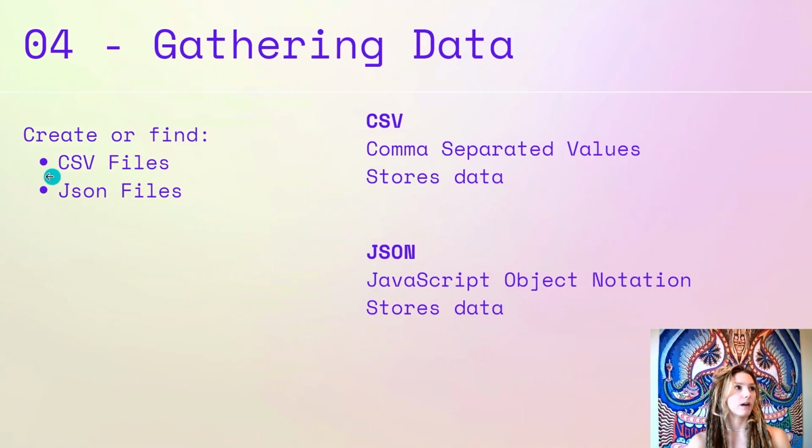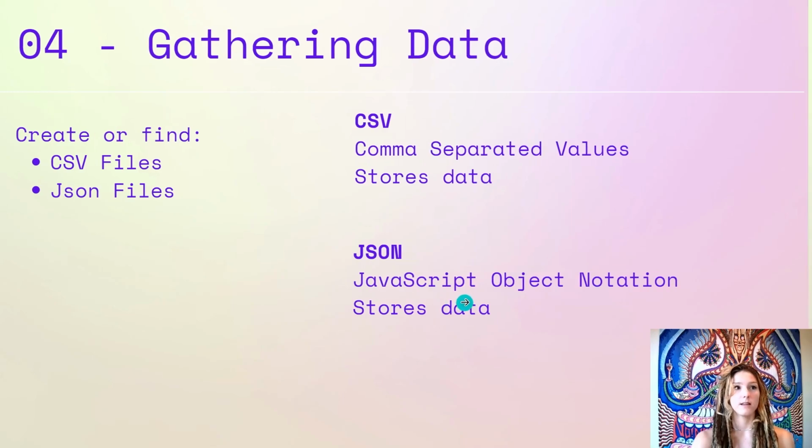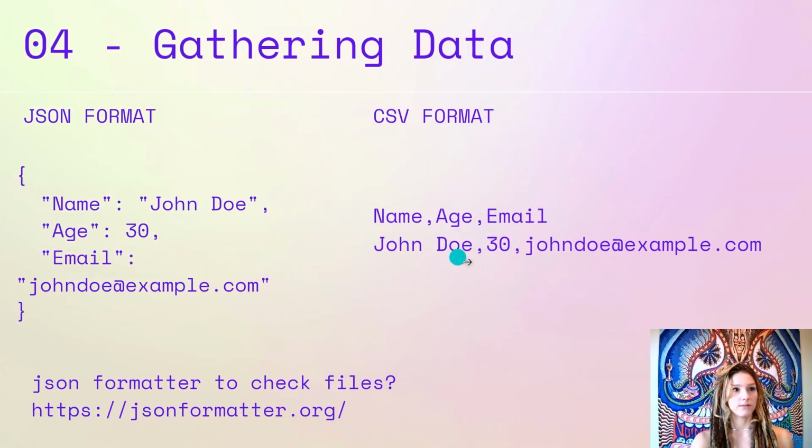So we talked about the difference between CSV and JSON. CSV stands for comma separated values. JSON stands for JavaScript Object Notation. And these are just two different ways to format data. This is an example of data that is exactly the same, but formatted as JSON in the squiggly brackets here.